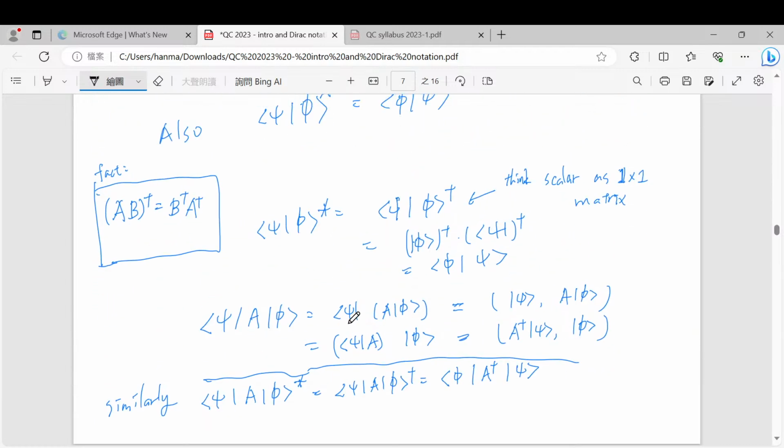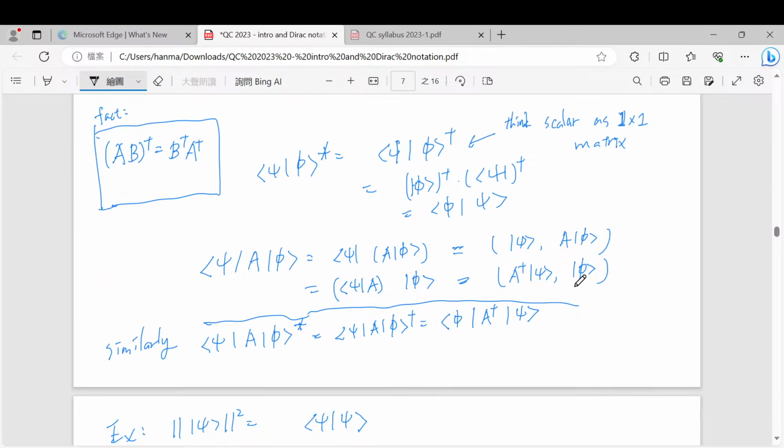Okay, and as we say, we will use this kind of expression quite a lot, so psi bra A phi ket is our inner product. You can think of this as psi inner product with A applied onto phi. Or you can group them together in another way, then this will be A dagger applied on psi inner product with phi, because you take the dagger of those things, then you use this property again.